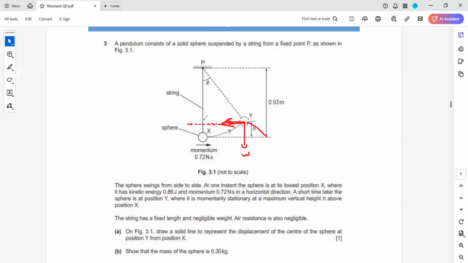So you take W sine theta and this distance 0.64 we calculated. Multiply them and you get the turning effect of the weight. Is it clear?